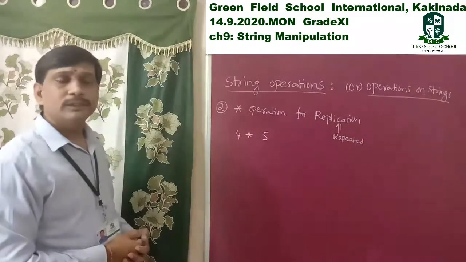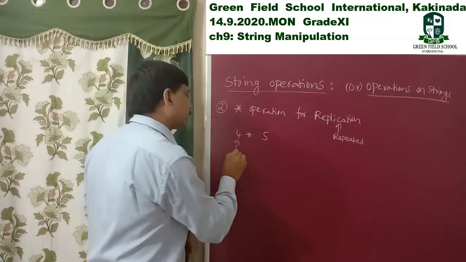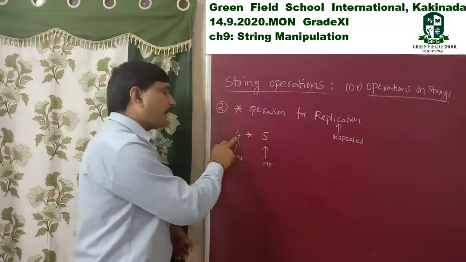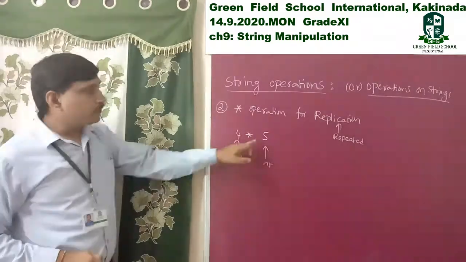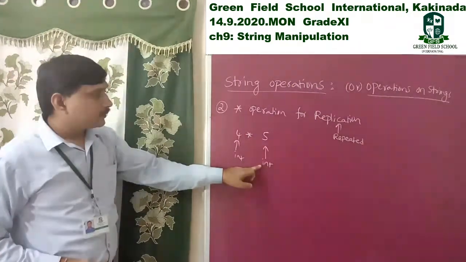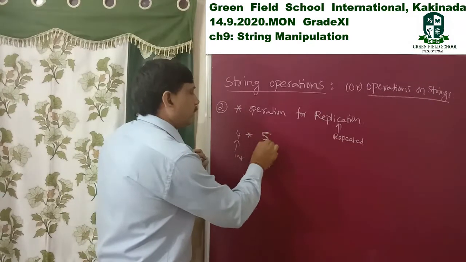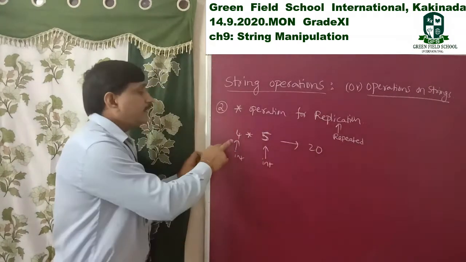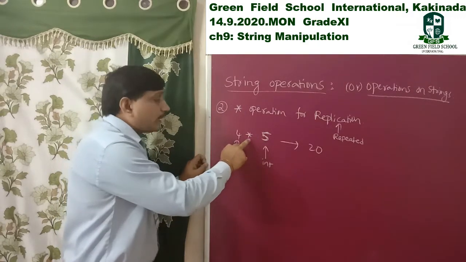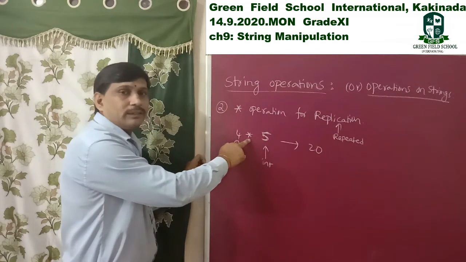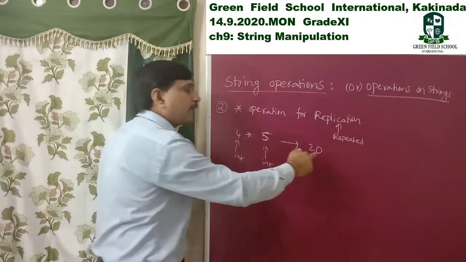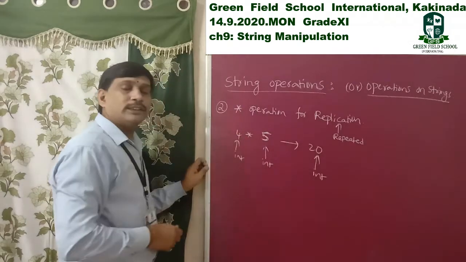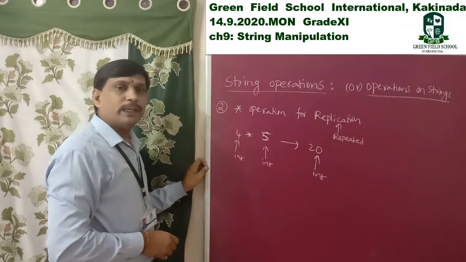What will happen? This one is integer 4 and this one is integer 5. Then it displays 20. Why? Because integer into integer. Here star is not a replication operation. Both are integers, so it gives an integer, and that's why star works as a multiplication operation.